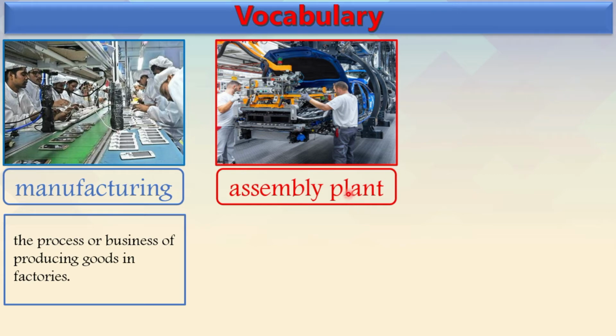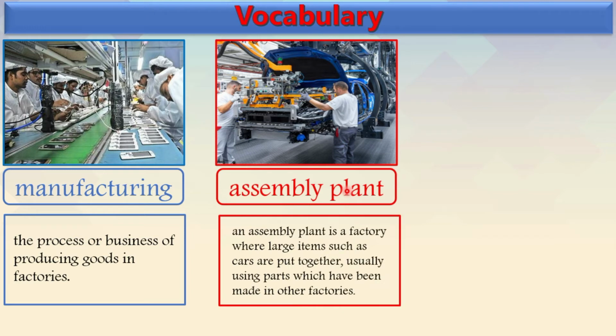So plant is another name for factory. So an assembly plant is a factory where large items such as cars are put together, usually using parts which have been made in other factories. Next word.